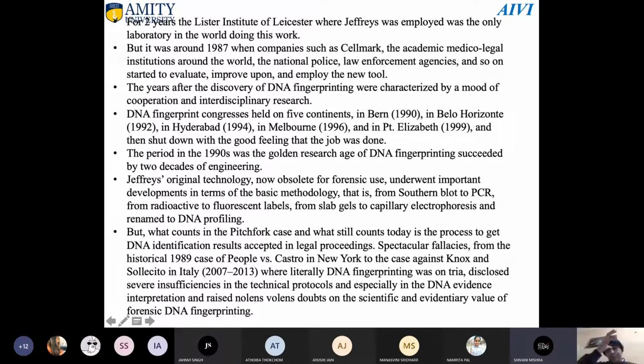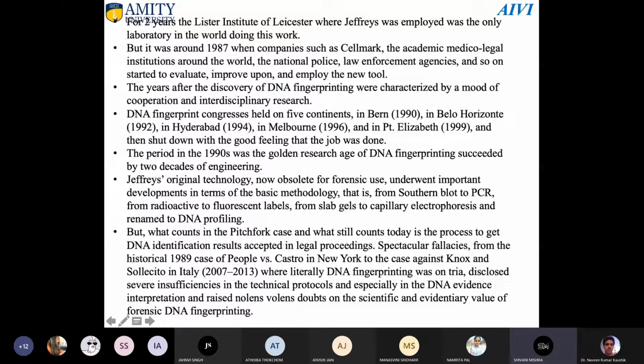Okay, so this is the initial story of DNA fingerprinting. Subsequently, within two years, this technique was advertised and utilized worldwide. Around 1987, companies such as Cellmark and academic medico-legal institutes, and national police and law enforcement agencies around the world, started to evaluate and improve upon it, employing new tools.